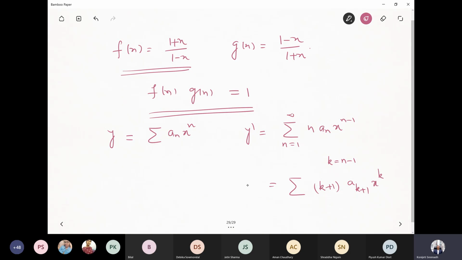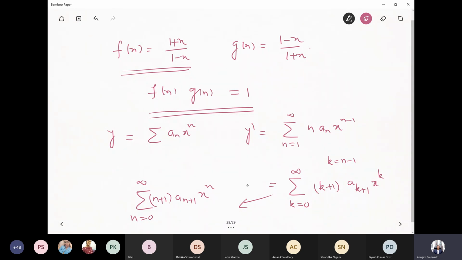And n equals 1 means k equals 0 to infinity. And k is only a dummy variable, so I can write the sum from n equals 0 to infinity of (n plus 1) a(n plus 1) x power n. It's only indexing; it's not really playing any role in the series other than being used as an index.